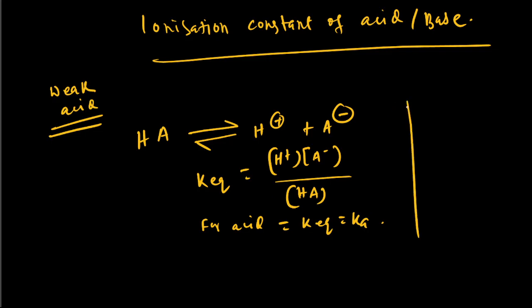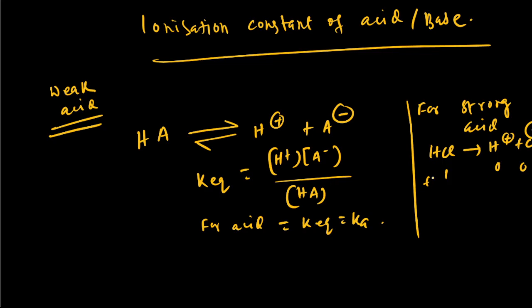For a strong acid like HCl, it completely dissociates. Suppose it is 1 molar at T equal to 0, with products at 0 and 0, then at T equilibrium it is fully dissociated. So for strong acids, the Ka value is very large, and we generally do not take it for strong acids.